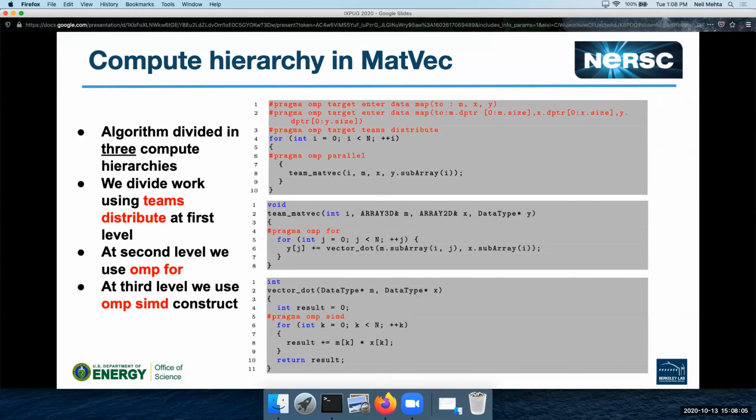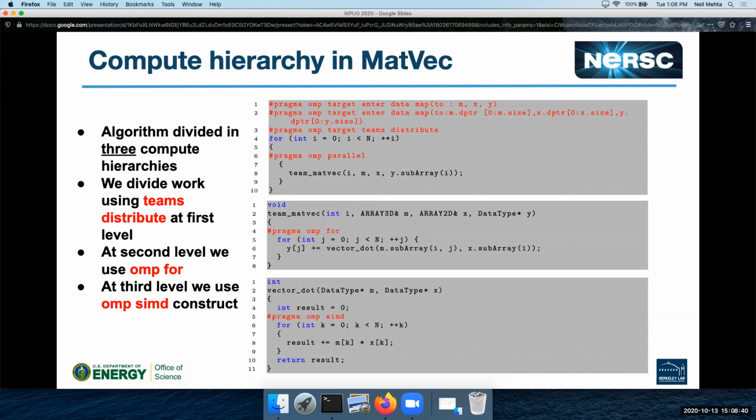The code very simply is broken down into three distinct compute hierarchies. In the first compute hierarchy, we have OpenMP target teams distribute. One thing to note here is that we have three multidimensional arrays, which are M, X, Y, and Z, which are instances of the array-MD class that we created. The essence of this class is that these arrays behave like multidimensional arrays, but the underlying structure holds all the data as a single block of memory.